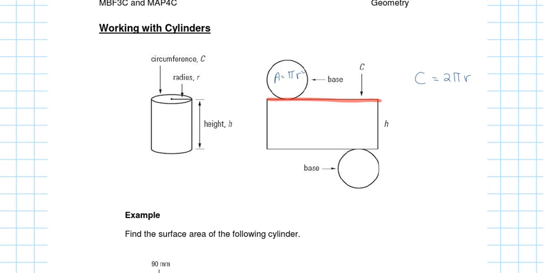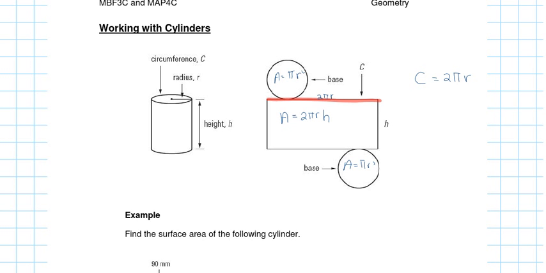And the area of the rectangle is length times width. My length is 2 pi r, because I just found the circumference, and then 2 pi r times the height.